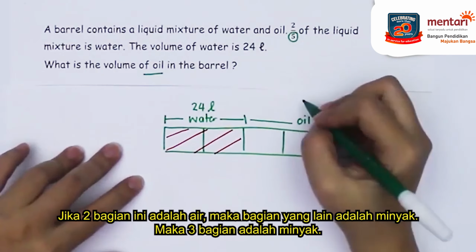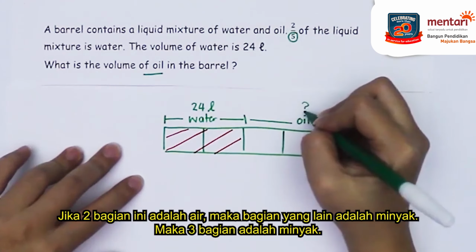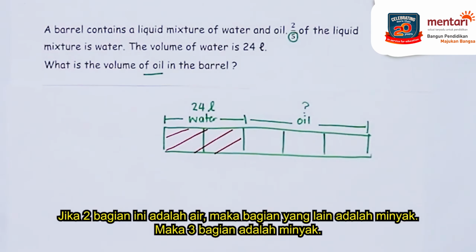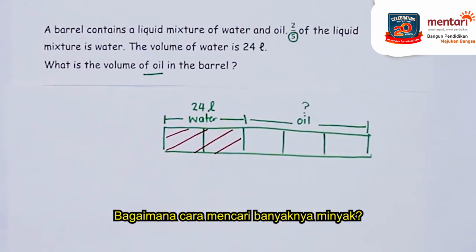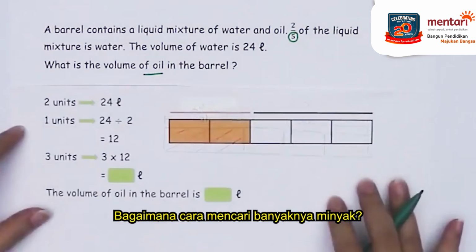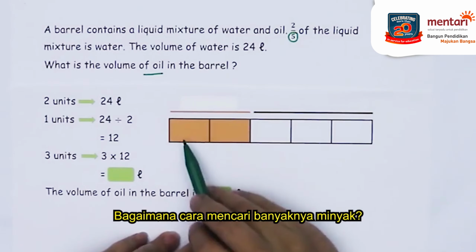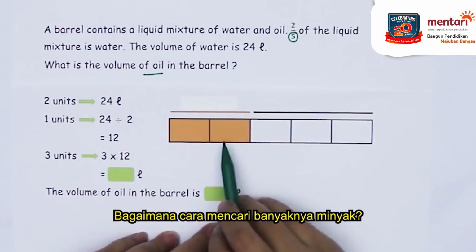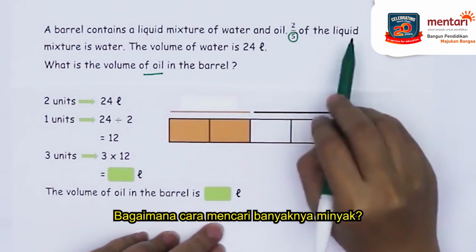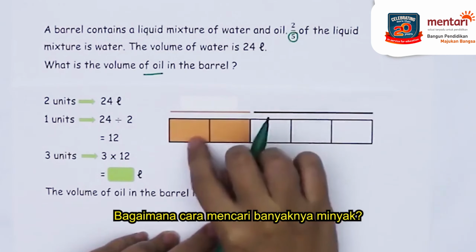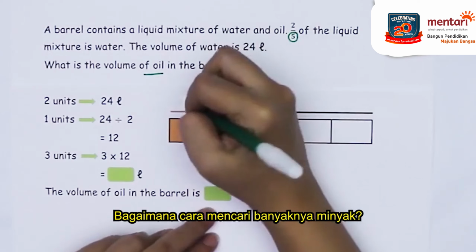That is the question. So this is the question mark. Now, how do we find out the volume of the oil? So this is how our bar model looks like. 2 parts are shaded, which represents 2/5 of the liquid mixture that is water. So these are the water.